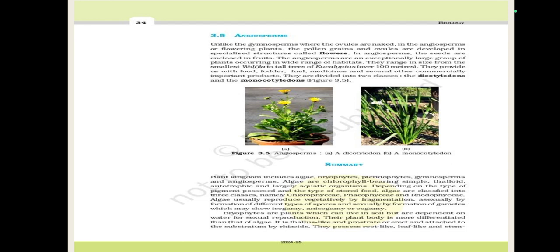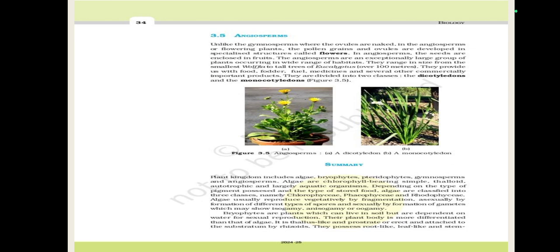Bryophytes are plants which can live in soil but are dependent on water for sexual reproduction, and their plant body is more differentiated than that of algae. It is thallus-like and prostrate or erect and attached to the substratum by rhizoids.